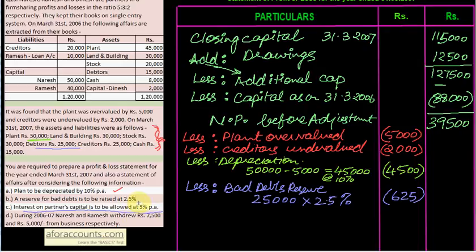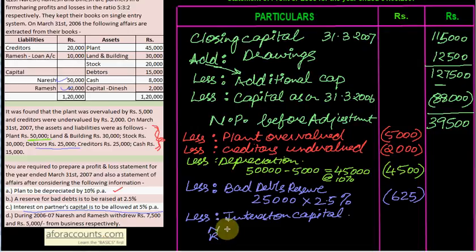So interest on partners capital. Now tell me one thing, that at the beginning two partners had credit balance and one partner has debit balance. So will you ever pay interest on a negative capital? No, only the partners who have credit balance will be paid interest. So interest on capital क्या होगा? Expense of business, so less interest on capital. Naresh ka it's given 50,000, Ramesh 40,000.